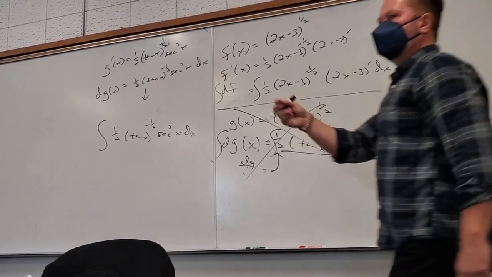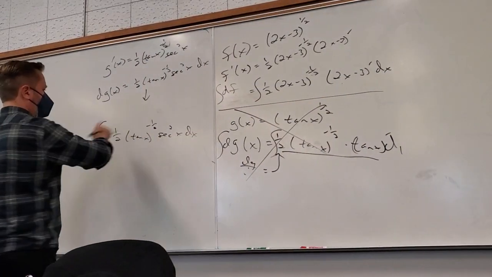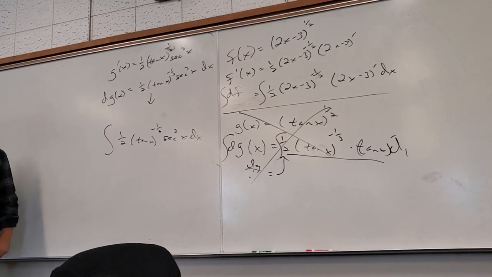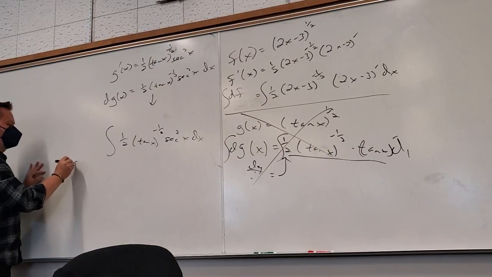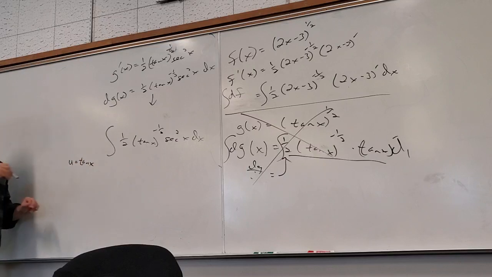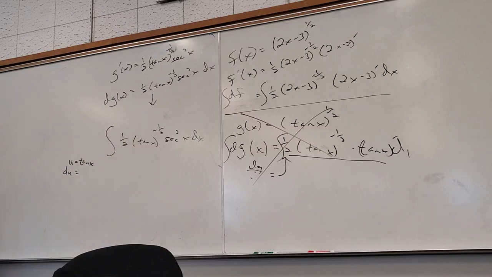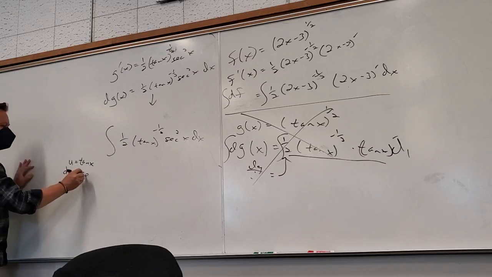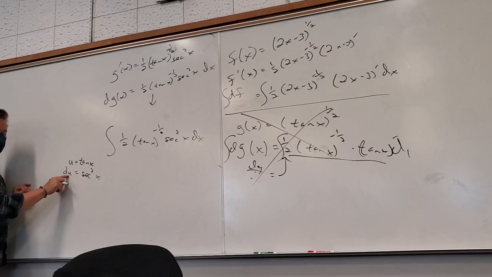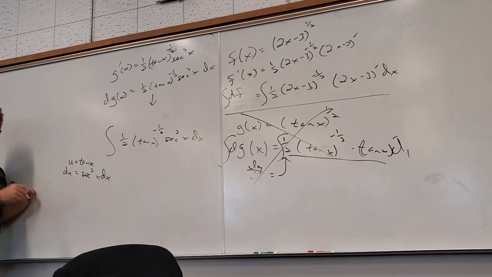What's the inside function here? Tangent x. So what if we said u is tangent x, yes? What would du be? Yes, secant squared x. And this would be du over dx. But we go ahead and throw that over here.